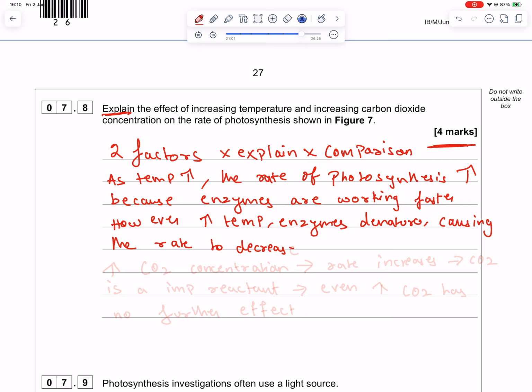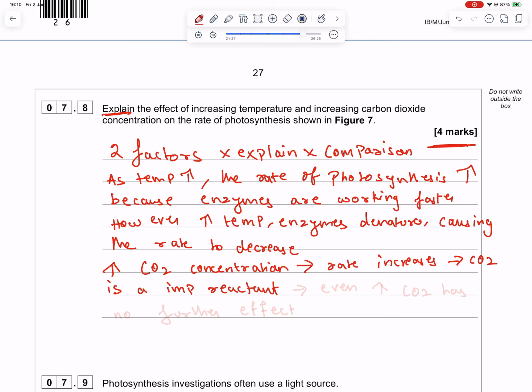Now, when we increase the CO2 concentration, again, the rate of photosynthesis increases. The rate increases because carbon dioxide is an important reactant in photosynthesis.